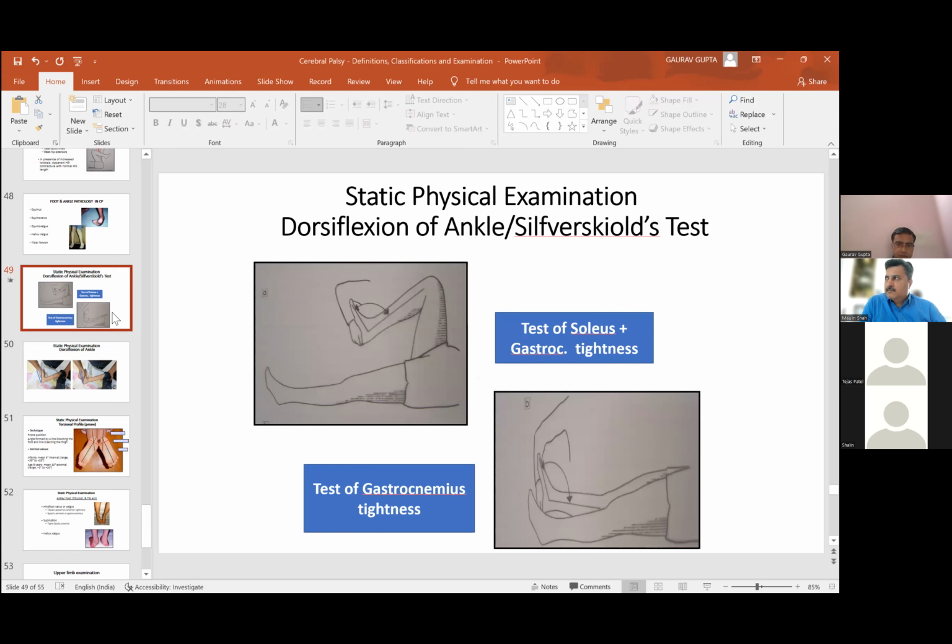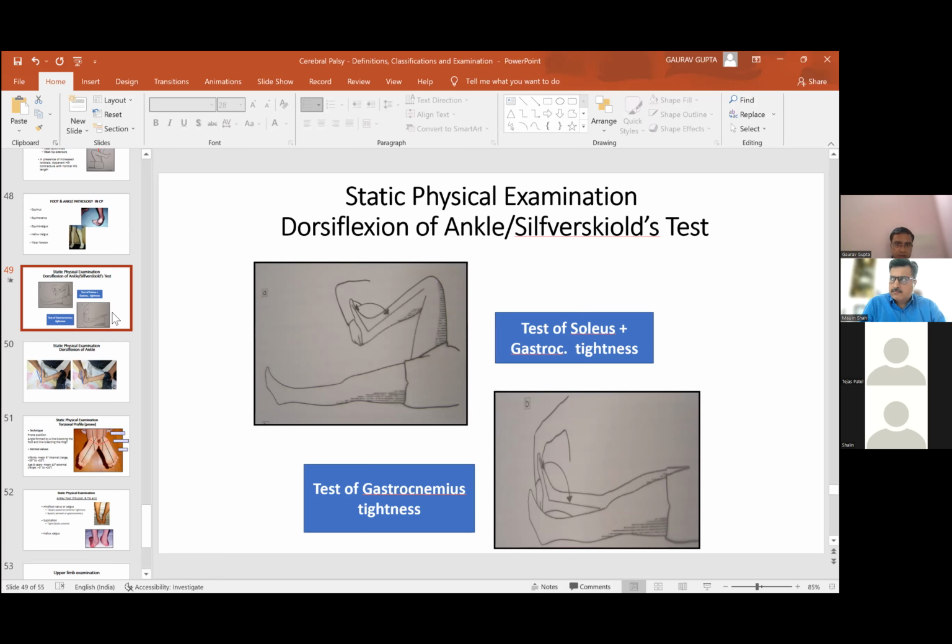by a fast movement first, and the first catch is R1, and then gradually, slowly, I maximally dorsiflex, and that is R2. The shift between R1 and R2 tells me how much dynamic contracture is there. On the basis of that, I plan my treatment, whether I need to do a release or do Botox.